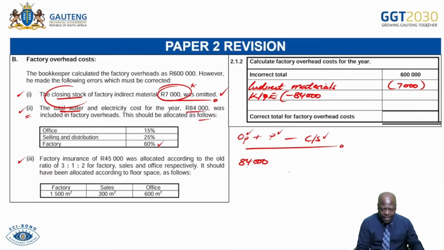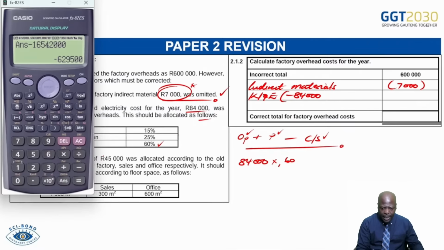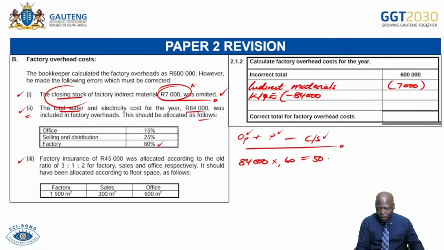The factory gets 60%. So you come here, you get your 60%. And let's see if we can calculate that. So we'd come, then we say 84,000. Then we multiply by 60%, and that will give you 50,400. So you come here, you get 50,400. So you come, then you say plus your 50,400. You close your bracket.